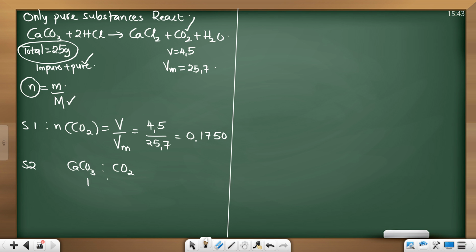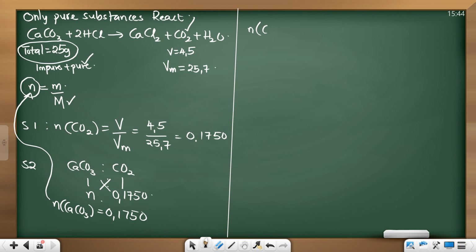Ratio. 1:1. Do I know this? Yes. Do I know this? No. Can I cross multiply? Number of moles of calcium carbonate, therefore, is, which is what I'm looking for here. Make sense?